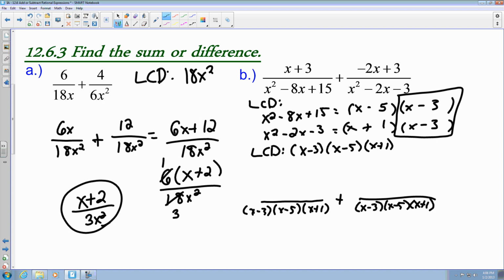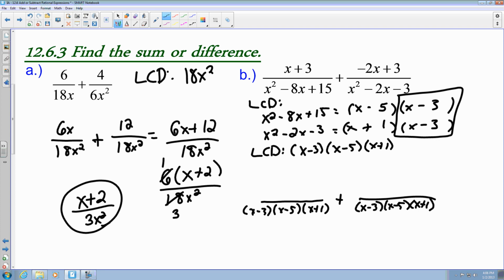Now, if we look, what we have to do is we must multiply the numerator by what we multiplied by the denominator. So here, in this first equation, we multiplied by an additional x plus 1.